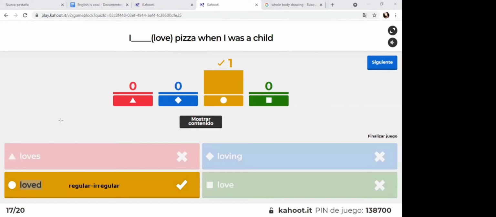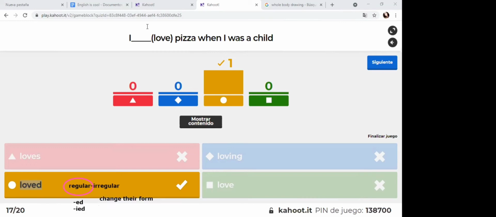Irregular. No, this verb is regular. How do we know it? ¿Cómo sabemos eso? Because most of the regular verbs finish in ed or they finish in ied. But at the end, they finish in ed. In the case of the irregular verbs, they change their form.